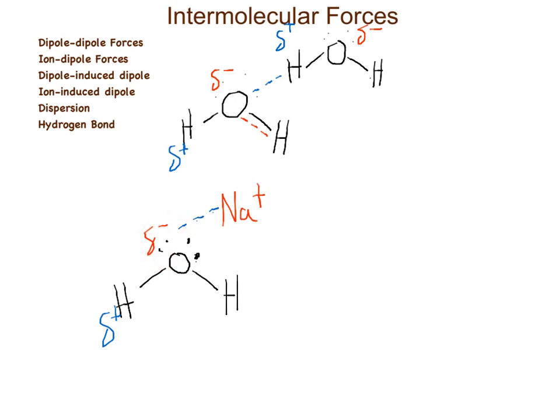If we had another ion in there, say we had Cl minus, it has a negative charge, so it's going to be attracted to the partially positive side of the water molecule, in this case the hydrogen. So there's an example of ion-dipole force. Alright, so that's two down. Dipole-dipole forces, between a polar and a polar molecule, and the ion-dipole, between an ion and a molecule with a dipole, meaning another polar molecule. So two down, four more to go.